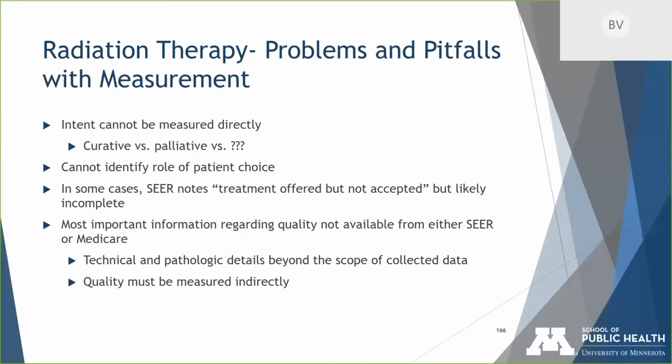Most importantly, information regarding the quality is not available from either SEER or Medicare. So you don't have a variable that says, yes, this individual received guideline concordant therapy. As a result, you have to measure this indirectly by creating your own algorithms and measures and making some clinical judgment about what seems reasonable.